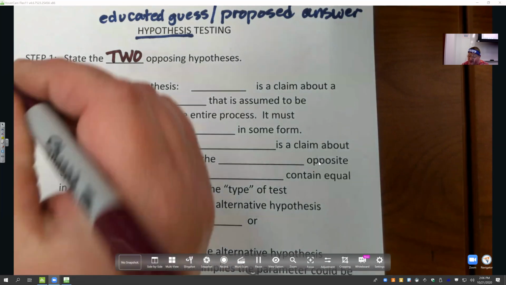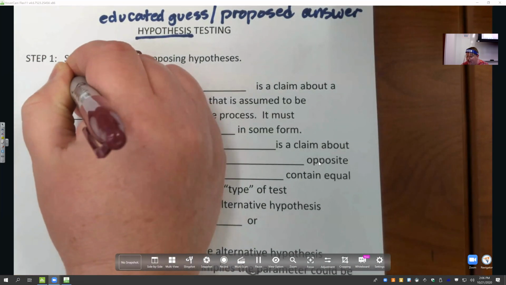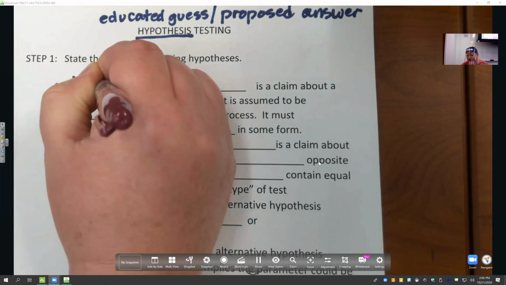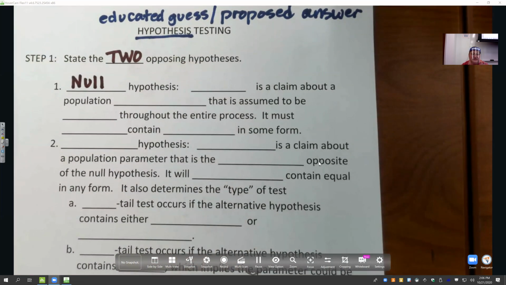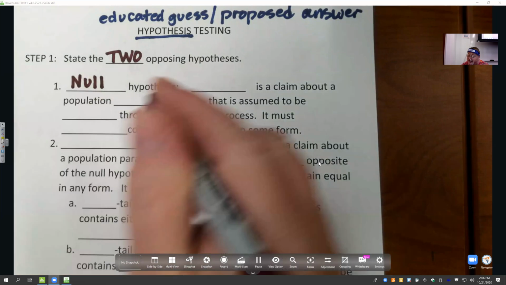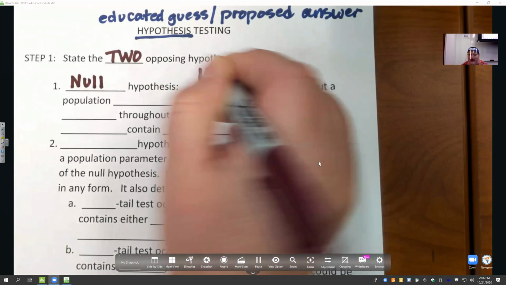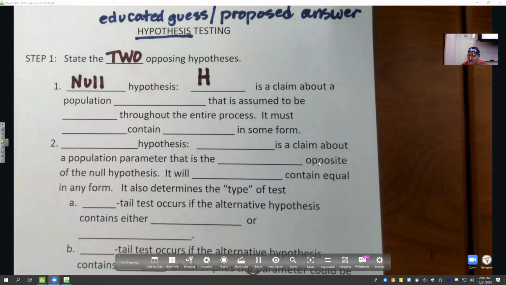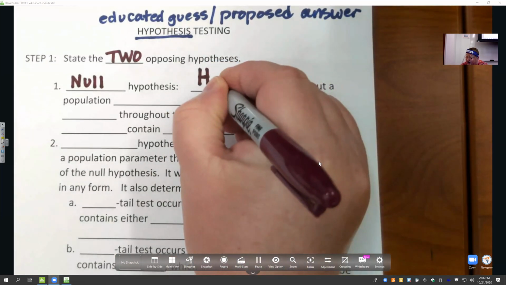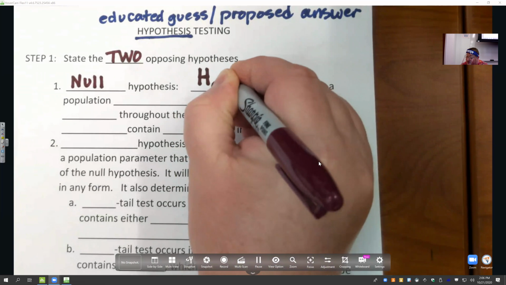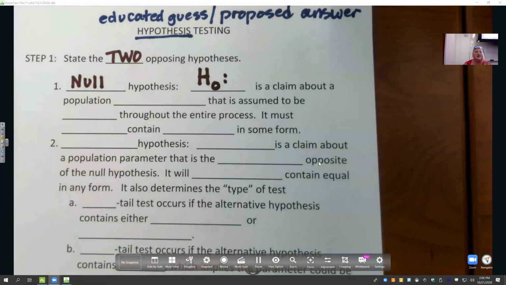The first hypothesis is called the null hypothesis. The symbol that you'll often see is we use the capital H for hypothesis, and it has a subscript of 0. You may not realize it, but the word null is an old-timey word for nothing or none, 0. So that's why we use a subscript of 0.